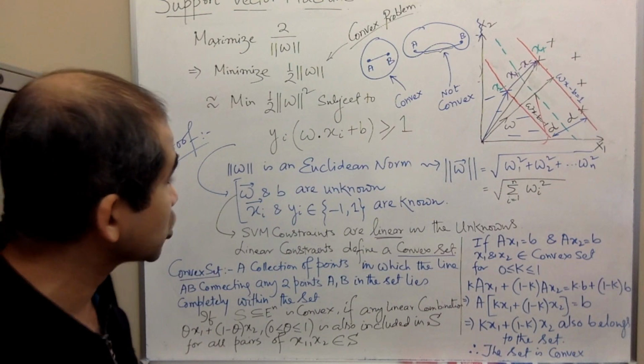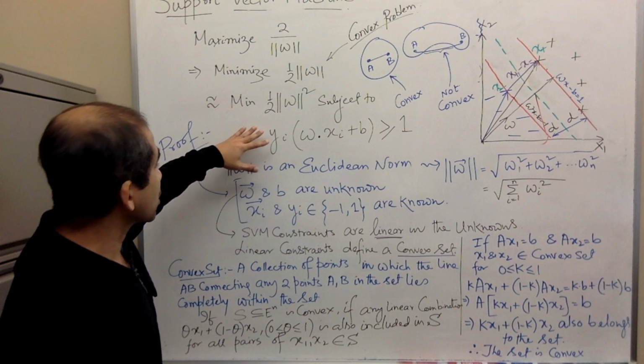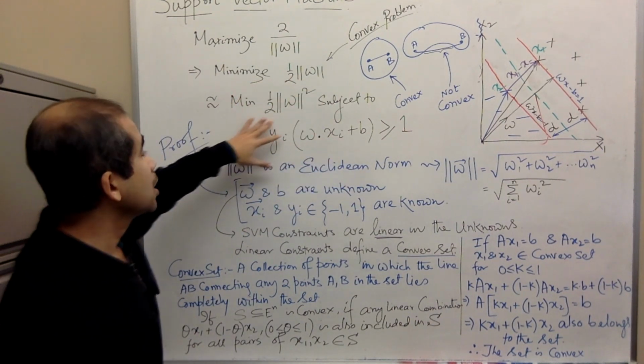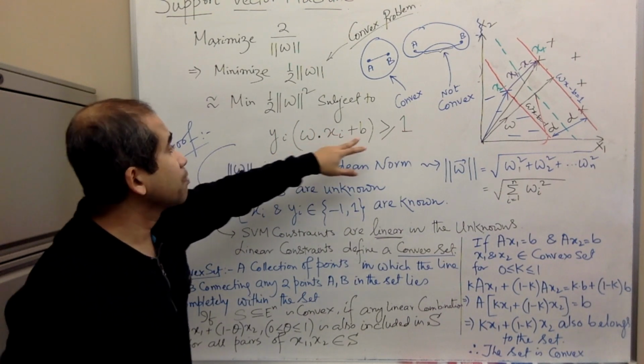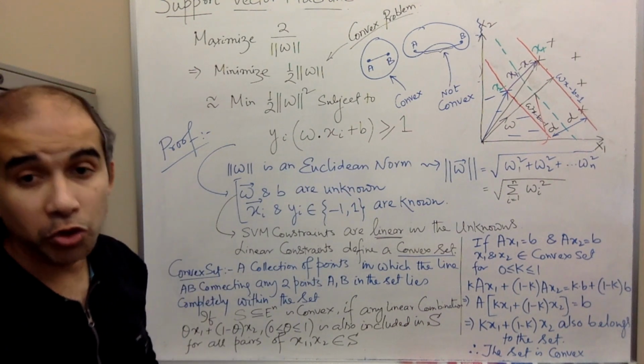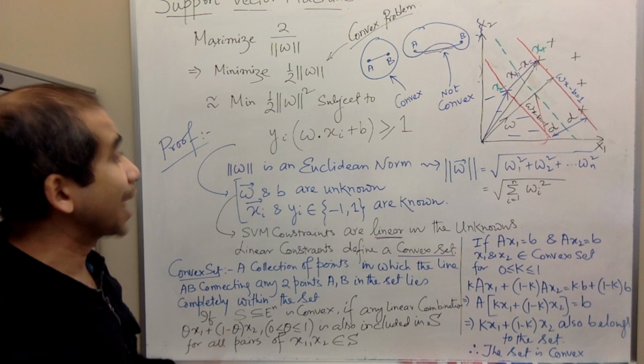Given the definition, there are mainly 2 unknowns in this optimization problem and this constraint: w and b, that means the slope of the line and the bias or the intercept. Those 2 are unknown, and we have to find the best values for them.